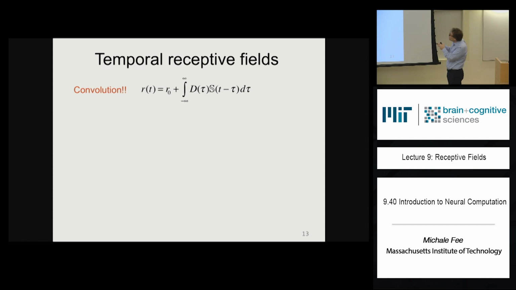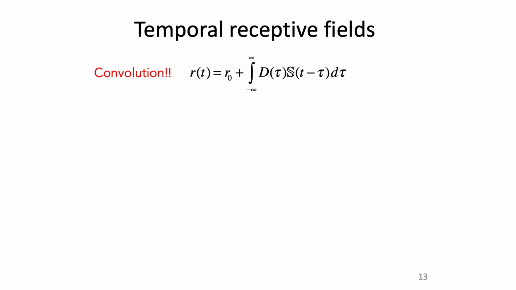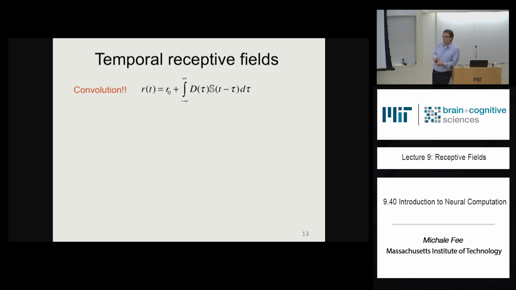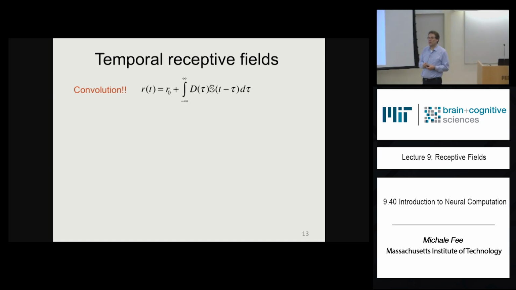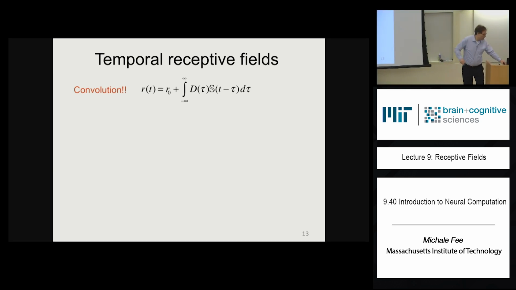We integrate over tau, and that's the linear output of our temporal receptive field. We add that to a spontaneous firing rate, and that gives us a time-dependent firing rate of the neuron.